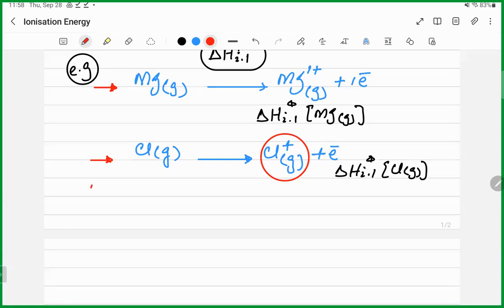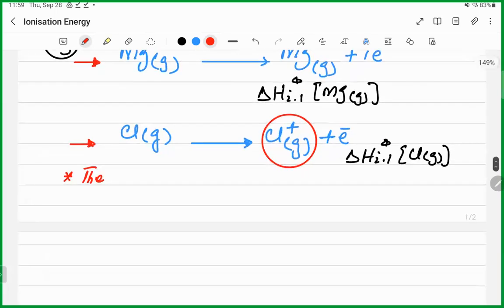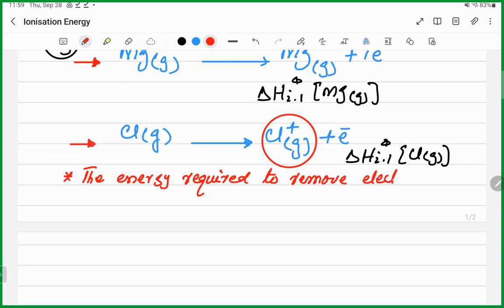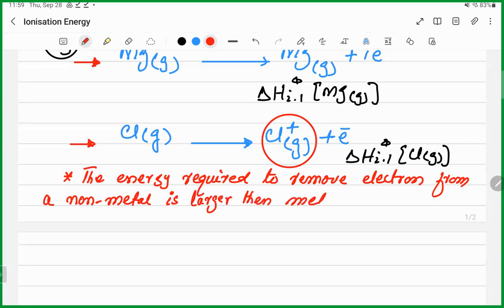ठीक है? So यहाँ हम note down कर लेते हैं, the energy required to remove an electron from a non-metal is larger than a metal.